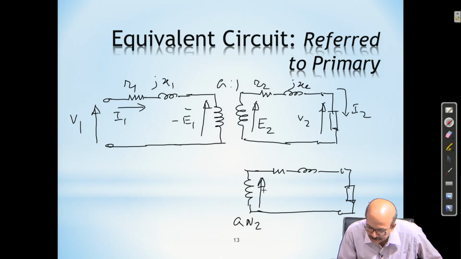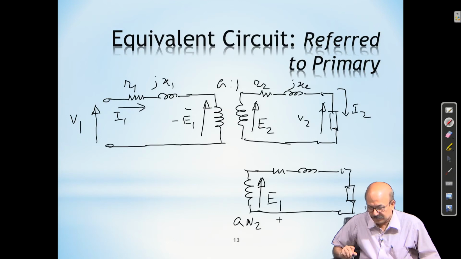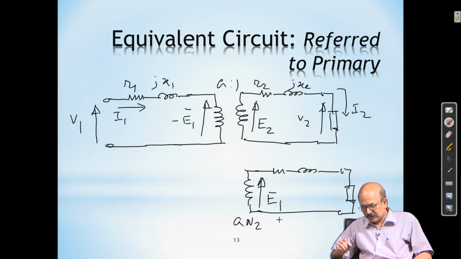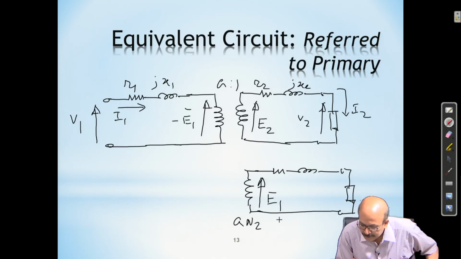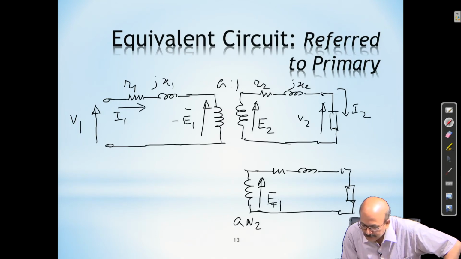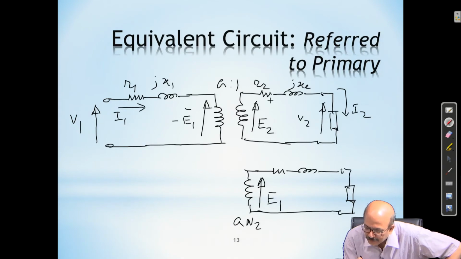Then this is of course E1. a times E2 is E1, a times N2 is N1.